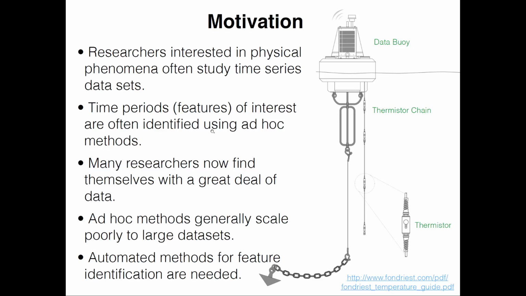Often by some ad hoc method, with the hope that the waves you're interested in, let's say, or the change in the density profile are evident at those times, right? So you're trying to use the sampling from the time series data sets you've collected to identify time periods of interest, which hopefully contain the phenomena of interest.